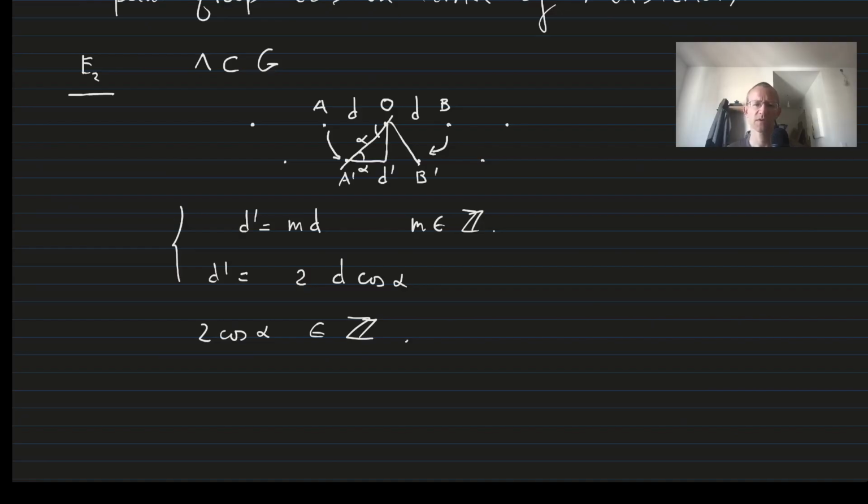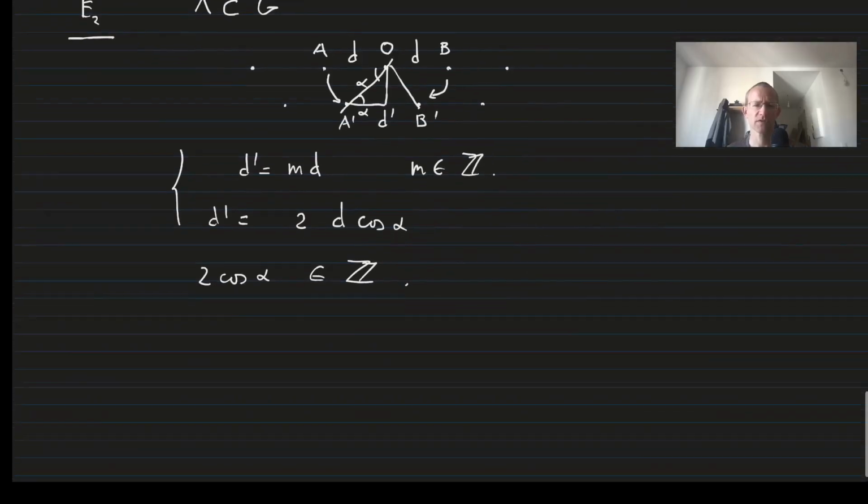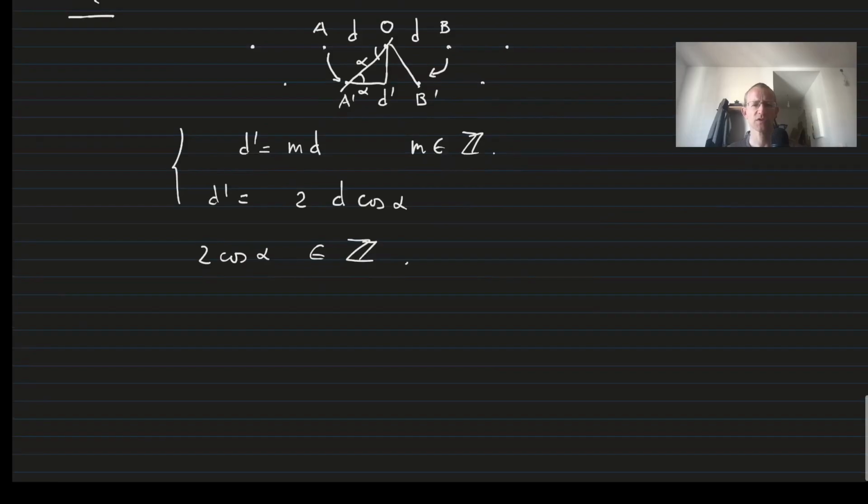Indeed, we don't expect a generic rotation to be a symmetry of a lattice, and indeed we get very strong restrictions even on what possible rotations could be symmetries of a lattice. So what are these? Well, 2 cos alpha could be any integer from -2, -1, 0, 1, 2.